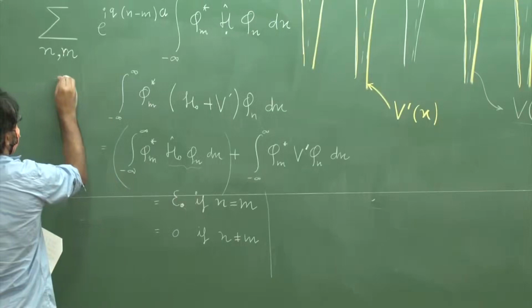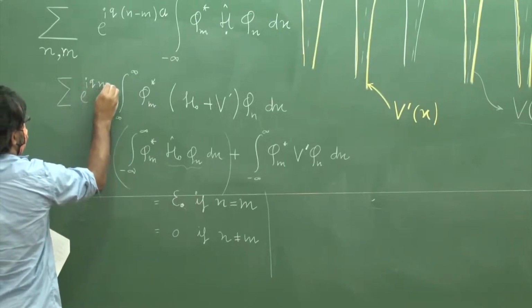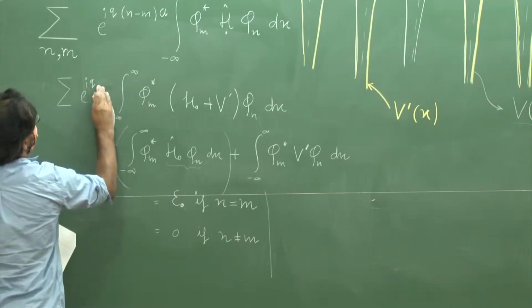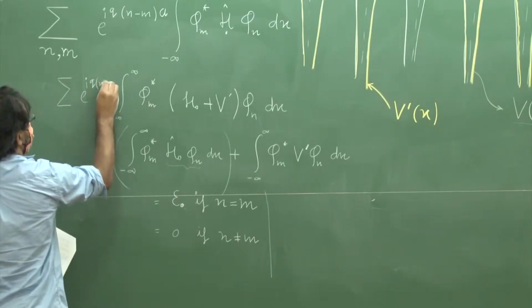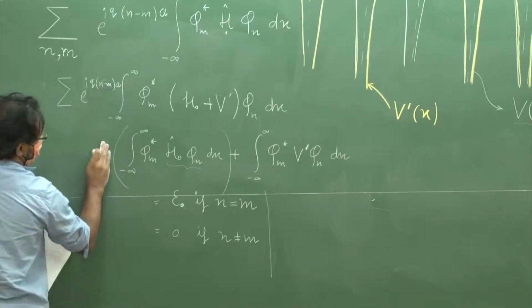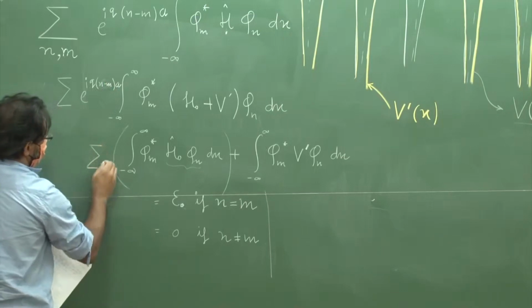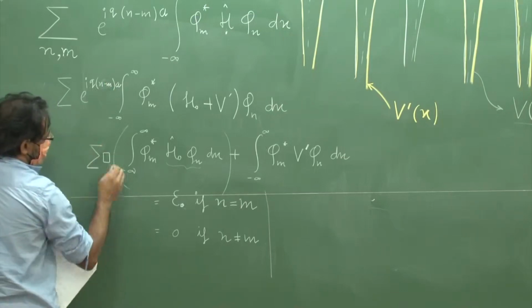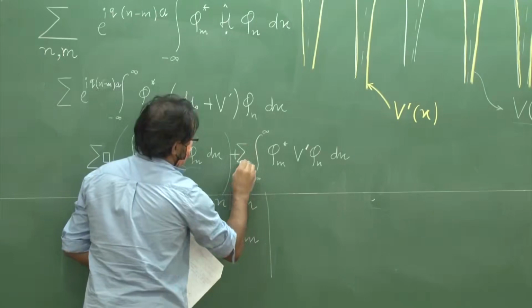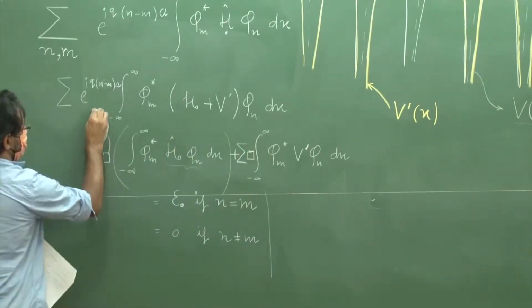So this summation, exponential i q (n minus m) a, and this summation with a block, where this block is this.